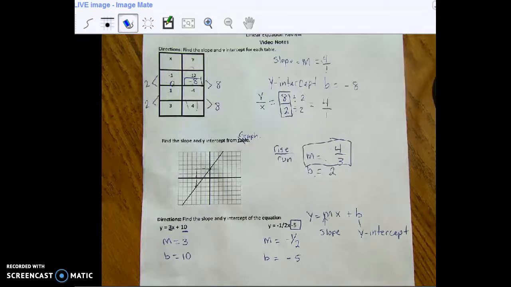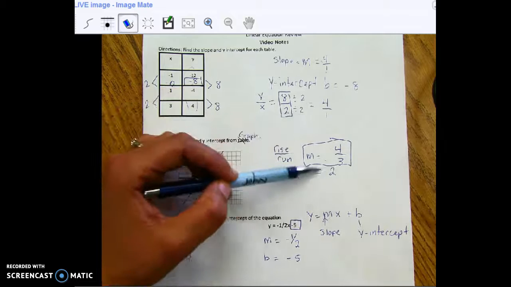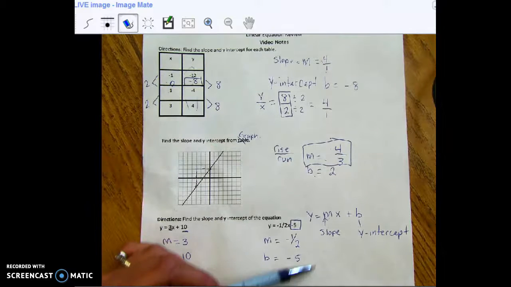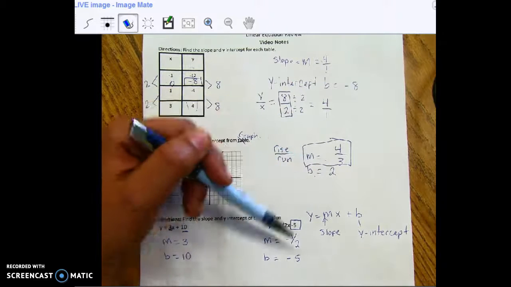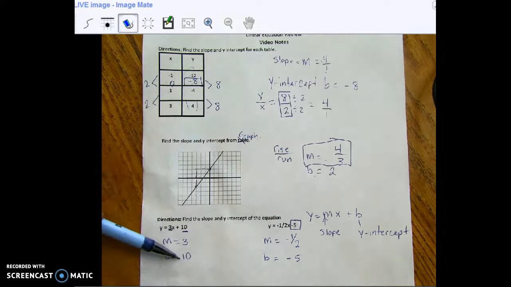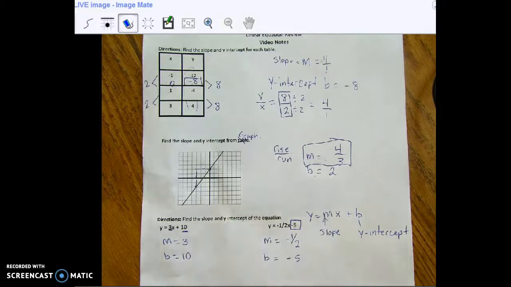If I was comparing the y-intercepts, I would look at it. I have negative 8, positive 2, negative 5, and positive 10. To look for the greater, all I'm doing is to see which one is larger. In this case, this y-intercept is 10. So it's the largest because I have negative numbers and a positive 2.